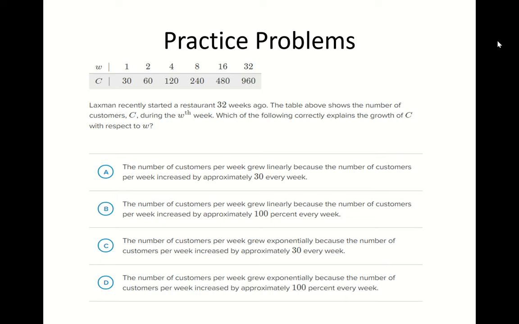You can see here that it adds 30, and then the second time it adds 60, and the third time 120, fourth time it does 240, and then it does 480. Clearly it's not adding a set number. But now if you think about it in terms of multiplying, well, it's multiplying by 2, multiplying by 2, multiplying by 2, multiplying by 2, and multiplying by 2.